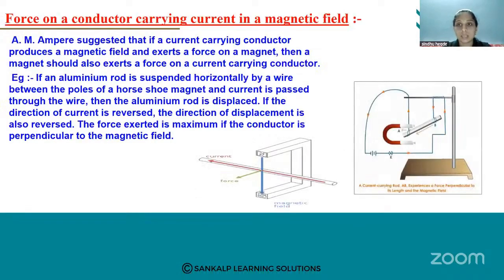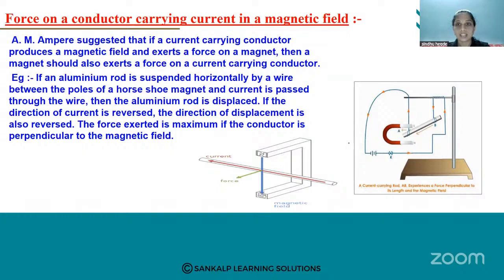Let us study more concepts in our today's class. First is force on a conductor carrying current in a magnetic field. Force on a conductor carrying current in a magnetic field. See here, we know that when current flows through a circuit, a magnetic field is generated.